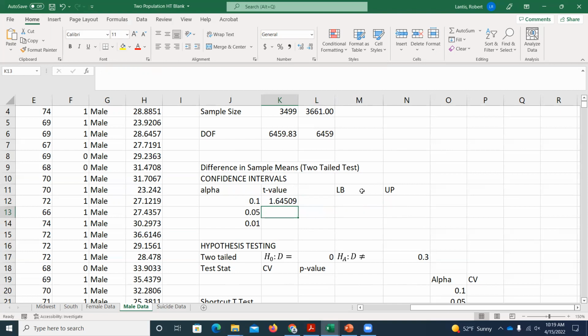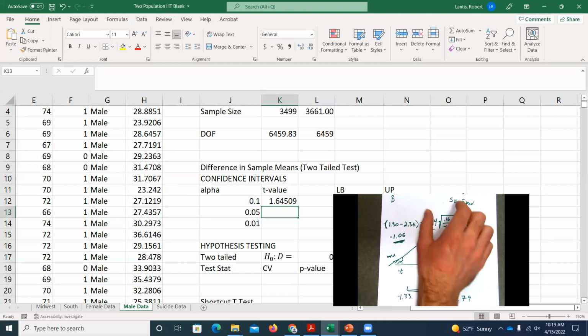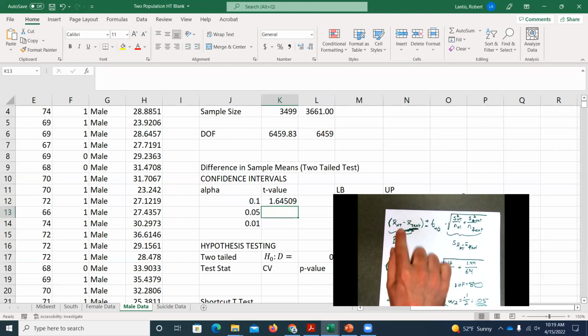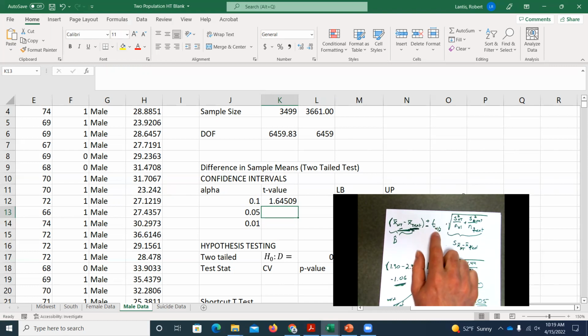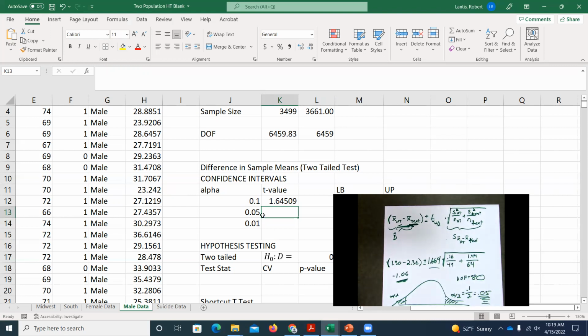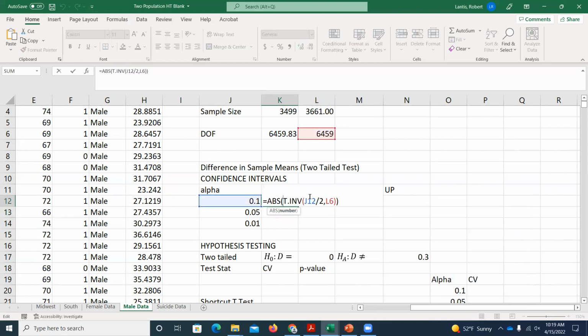Now, when I'm building these different levels of confidence, the only thing that's changing, and this is texters, non-texters, ours would be male, female here, is that alpha at a different level of confidence, which changes that t value. So when I copy this equation down, I want the t value to update.